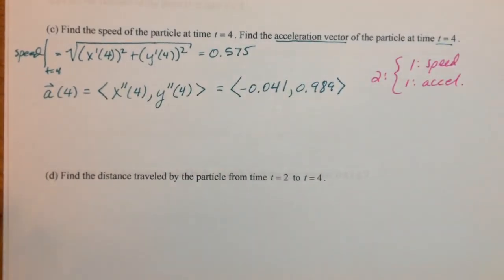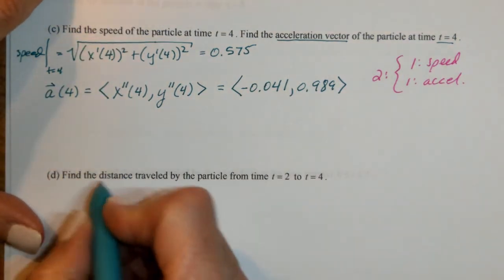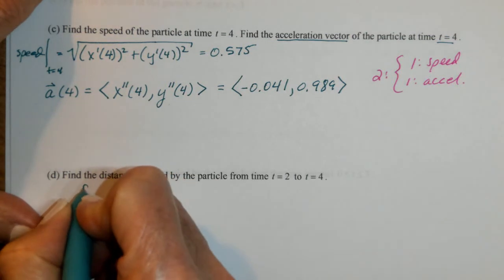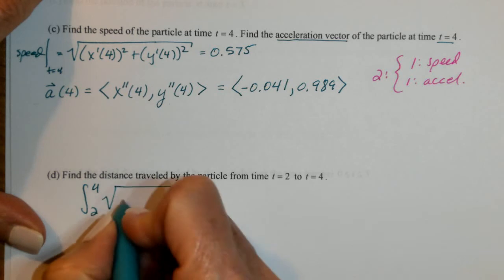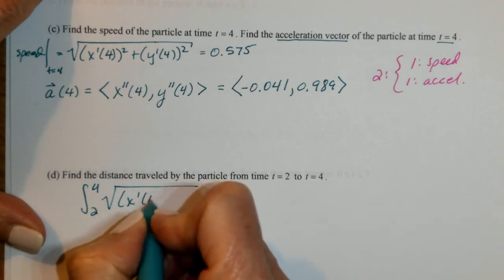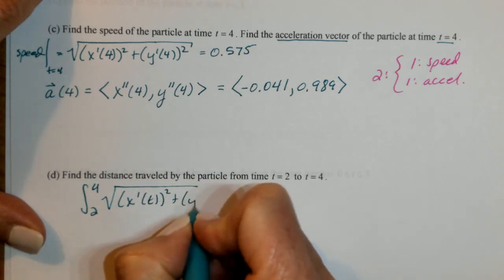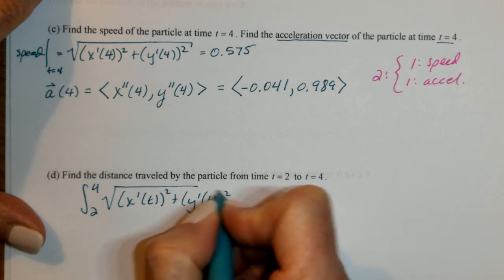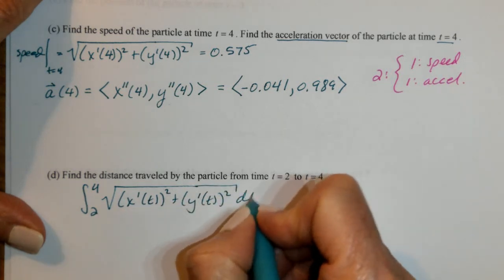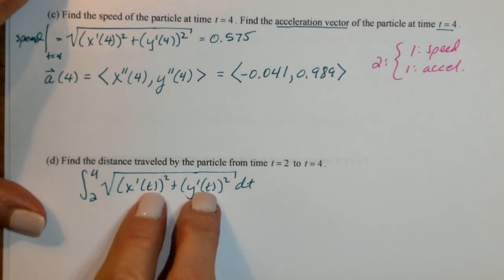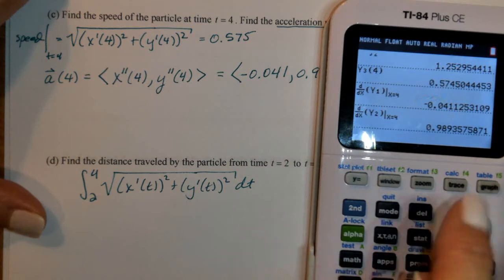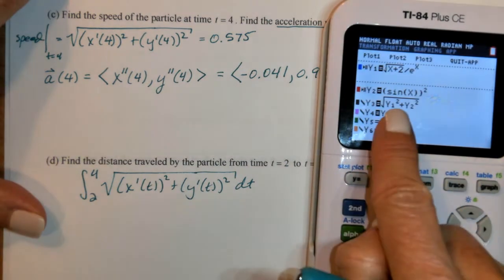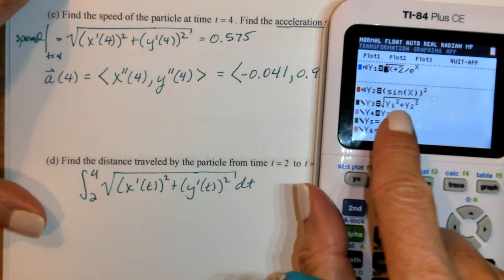Next up, find the distance traveled by the particle from time 2 to time 4. That's just our formula for distance: the integral from 2 to 4 of the speed. That speed pops up so much. Remember, when we're doing the total distance traveled, you will never have values put in for time right here. And again, the square root is stored right here.